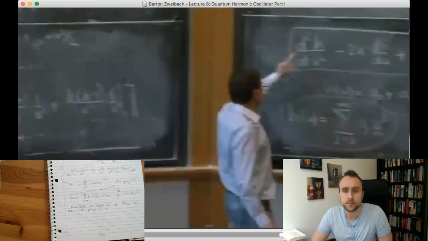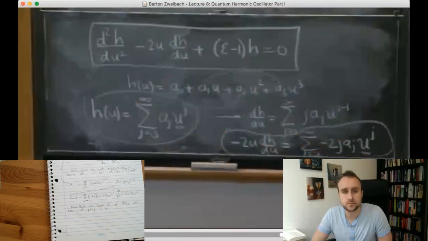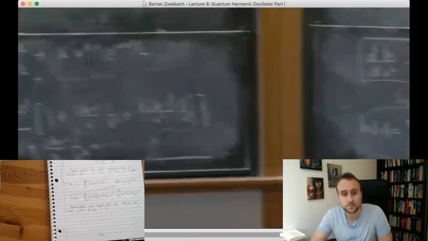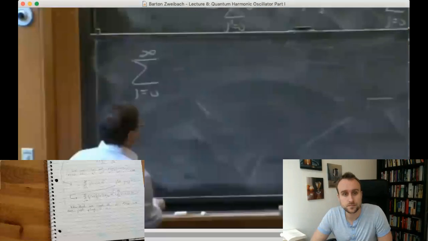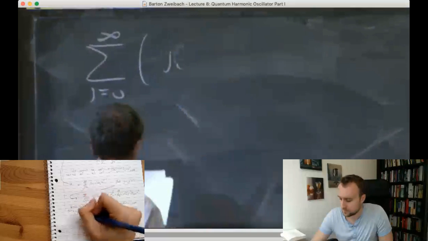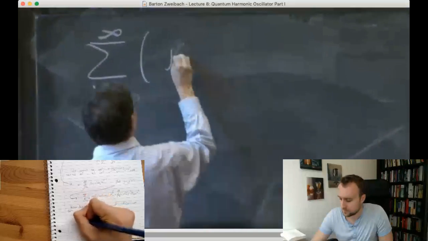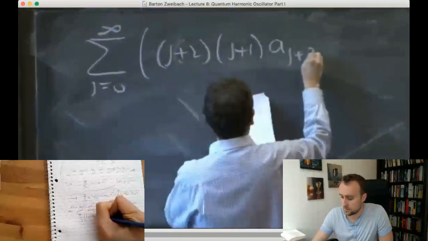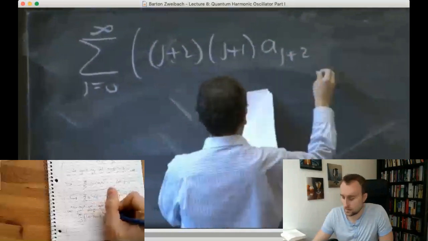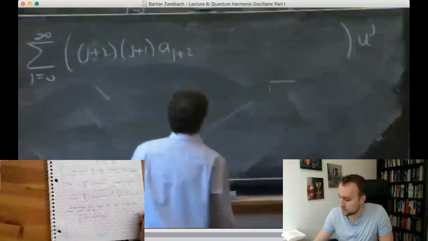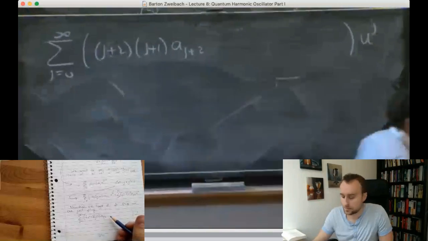So I'll plug it in. Let's see what we get. We'll get the sum from j equals 0 to infinity. The second derivative is here: j plus 2 times j plus 1 a_{j plus 2} U^j. Good, that's the second derivative term.